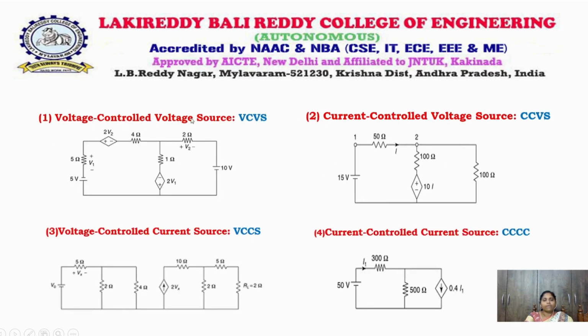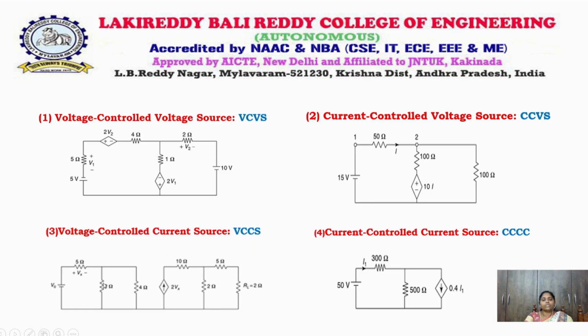Here these are different types of sources, which are dependent sources. In case of independent sources, the values of voltage or current do not depend on any other values or element values. But here, in the voltage controlled voltage source, the voltage source depends on another voltage. The next one is the current controlled voltage source, a voltage source which is controlled by a current in a particular branch.